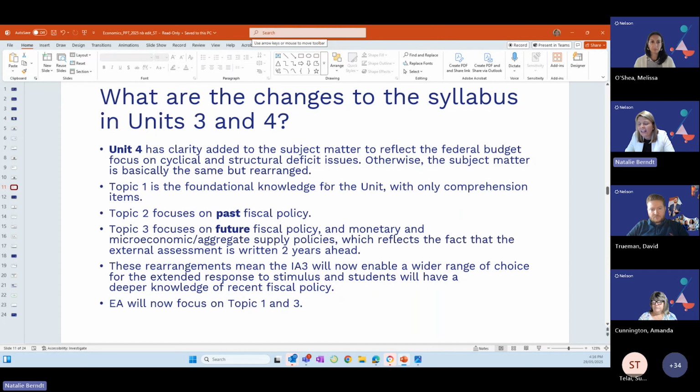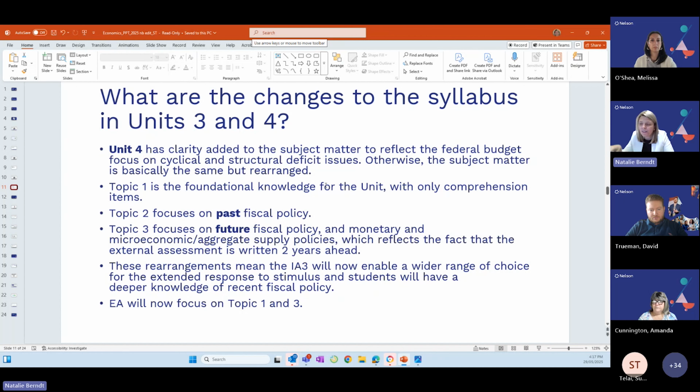So of course that means the IA3, and we were all screaming for it because we basically all taught fiscal and monetary policy alongside what we were doing for IA3 because it just made so much sense. So now we can do a little bit more of that, and the students can include that in their essays, which of course in the past they didn't really need to do. So we will have more range in choices in that IA3, and now the external exam will focus on topics 1 and 3.